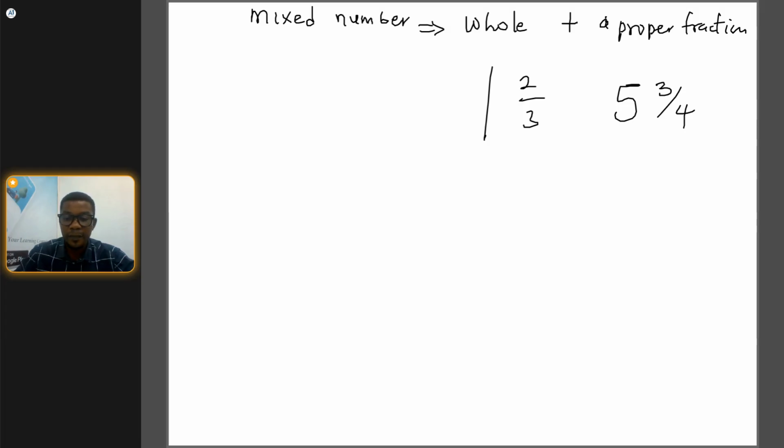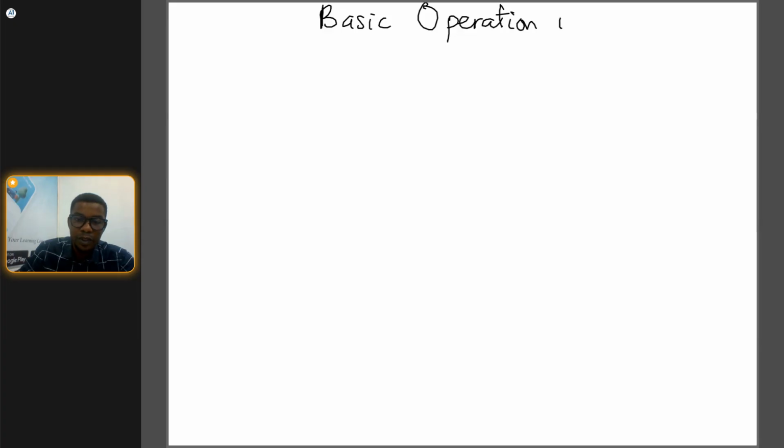We want to consider the basic operations in fractions.